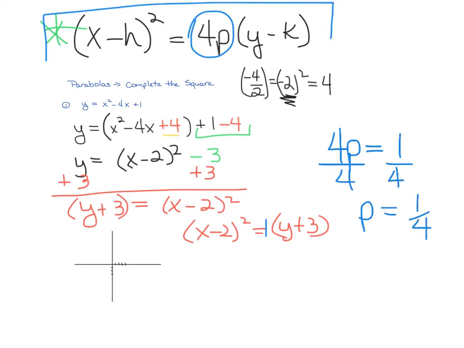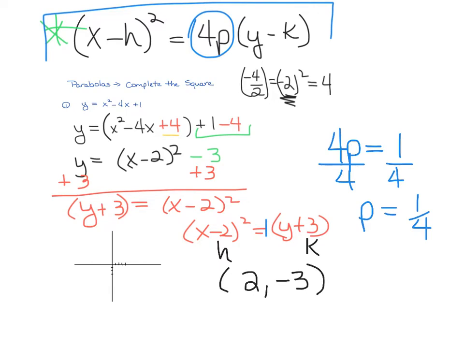I'm now at the point of what I did on day 1. I have my equation. I can find my vertex. Remember, your vertex is the h and the k, so I'm going to pull out the hk. My vertex is at 2, negative 3.